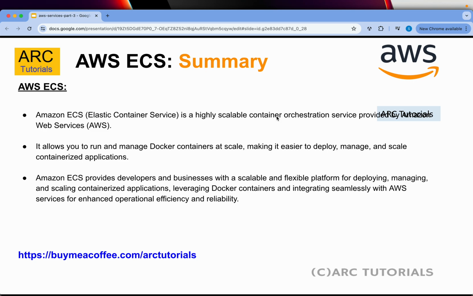And what that helps us is to manage large scale container applications. So ECS allows us to spin up those Docker containers easily and at scale. ECS provides developers and businesses with a scalable, flexible platform for deploying, managing, and scaling containerized applications leveraging Docker containers. The best part is that they integrate seamlessly with other AWS services.